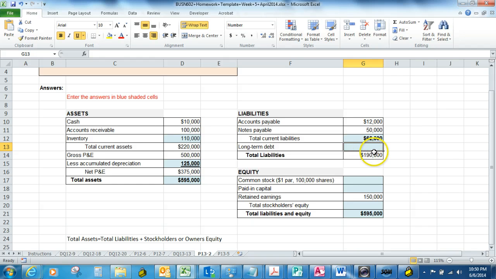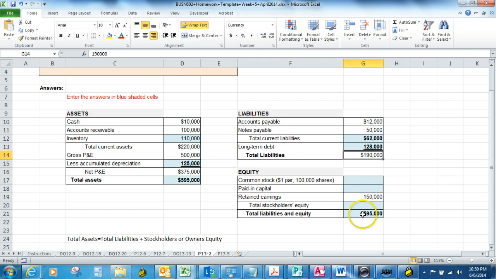They've already told us what the total liabilities number is. So if we subtract out our total current liabilities, that'll tell us what long-term debt is. So I'm going to put in an equal sign here, take my total liabilities and subtract out my current liabilities. And that gives me my long-term debt, because both of these have to add up to give me the total.